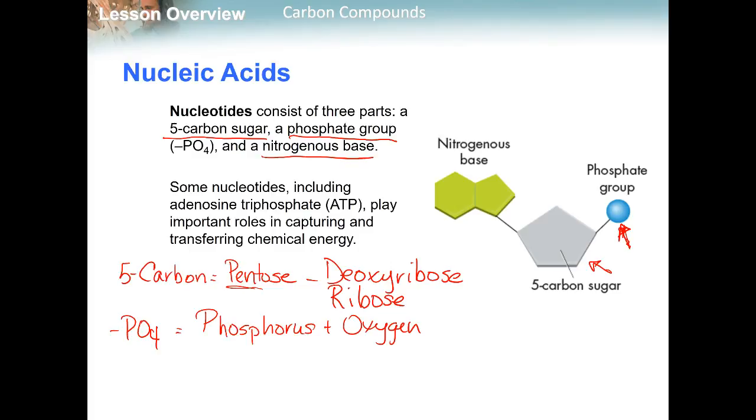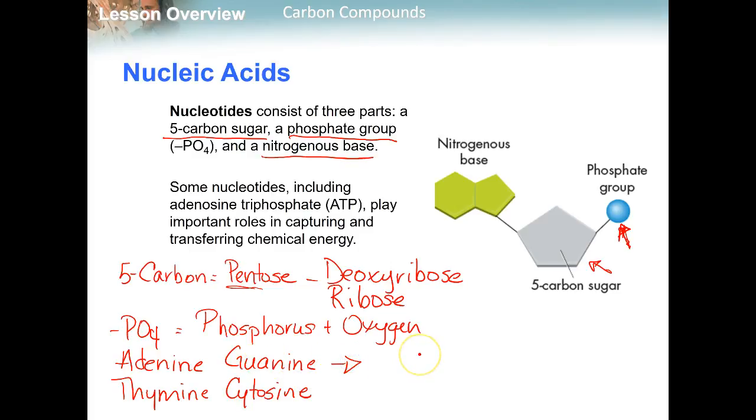And there are 4 nitrogen-containing bases. There's adenine and guanine, and there's thymine and cytosine. Adenine and guanine are double-ringed.